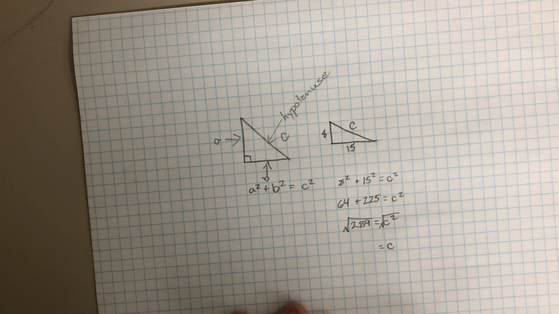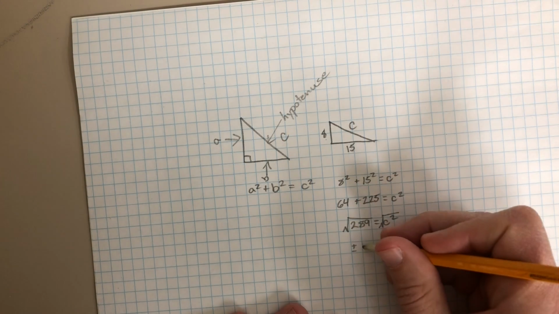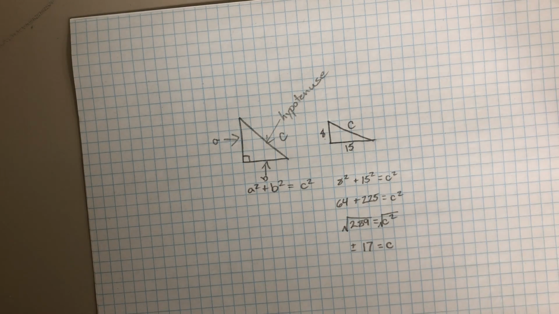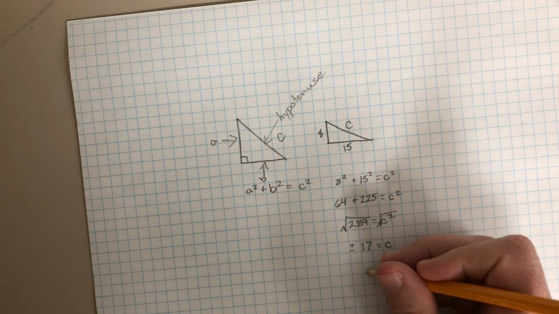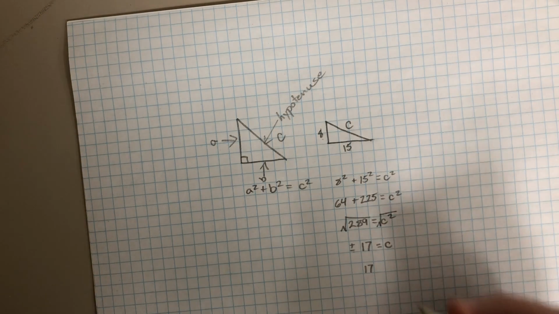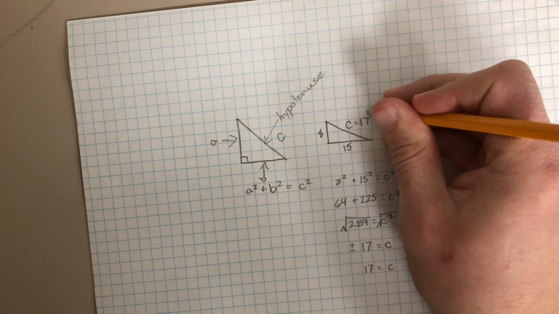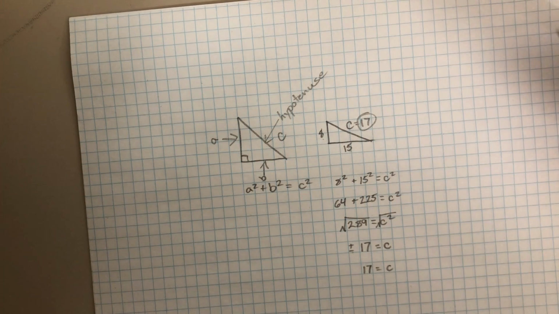The square root of 289 is positive or negative 17, because 17 times 17 is 289, and negative 17 times negative 17 is 289. Now, could a length be negative? No, so we know that it's only the positive root. So c is 17. Okay? All right, let's do another one.